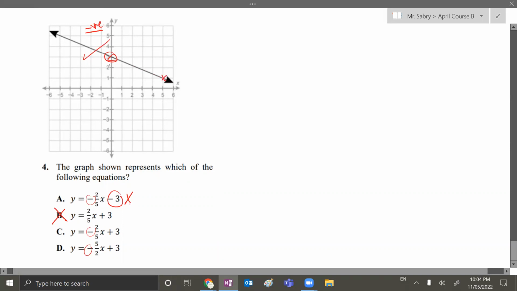So we have a rise of 3 and a run of 5. Actually, a rise of 2 and a run of 5. So it's 2/5 right away. So it's definitely not 5/2. The rise has to be smaller than the run. That is what I noticed when I looked at the graph: the rise is short and the run is big. So it's definitely not D. So it's definitely C. Makes sense, everyone?